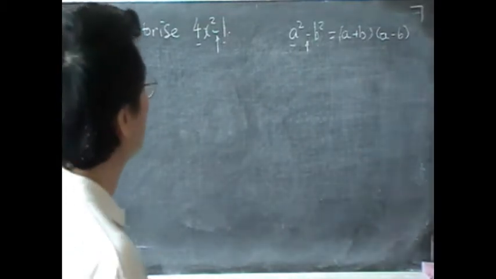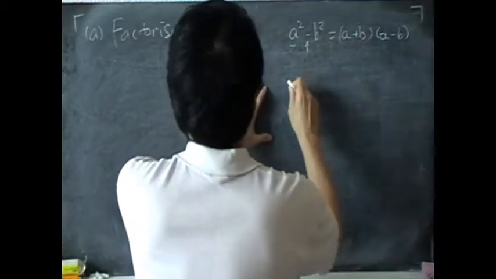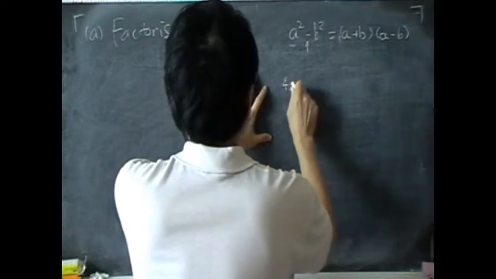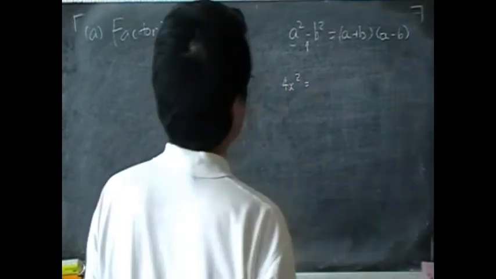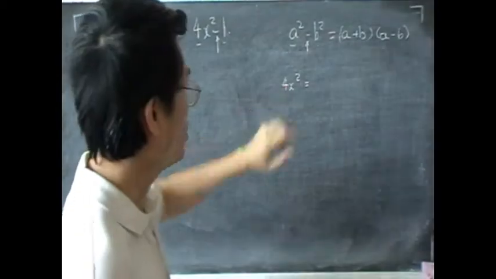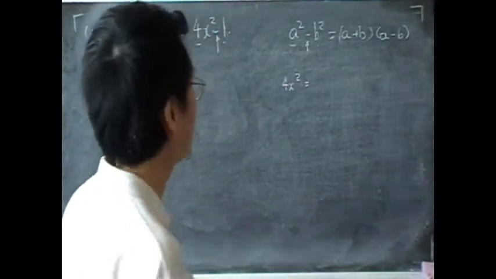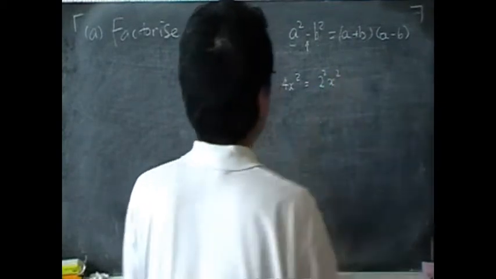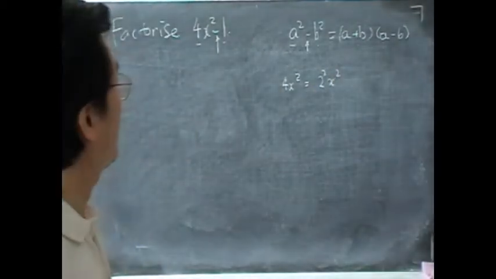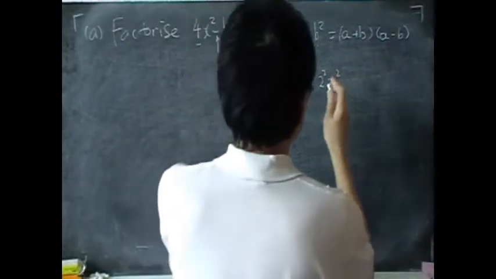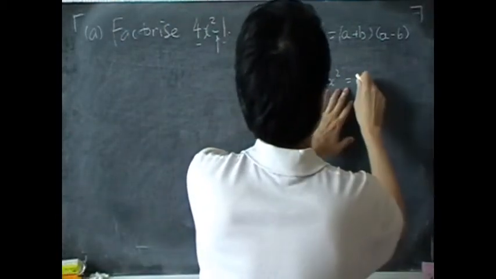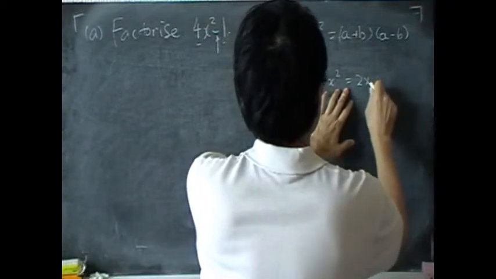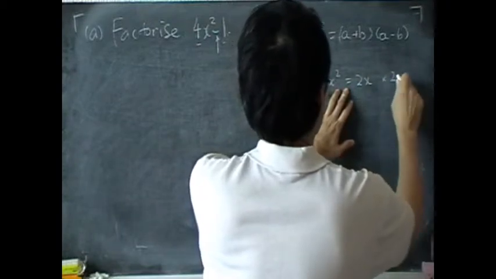And the way to do that, let's start, is to notice that 4 is the same as 2 squared. We can make use of that. And that this is the same, really, as 2x times 2x.